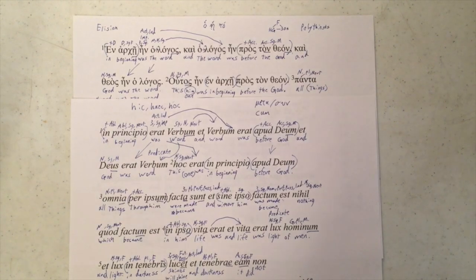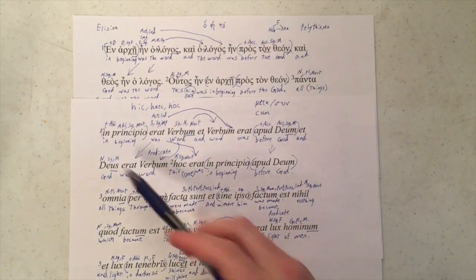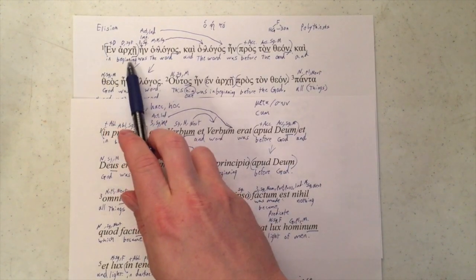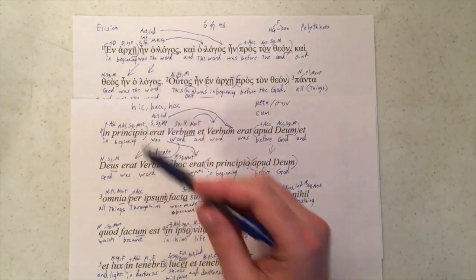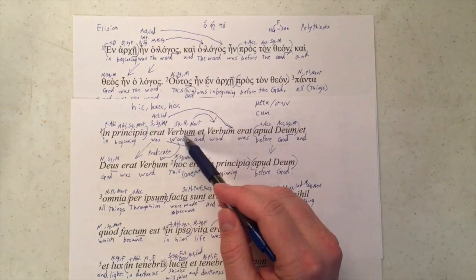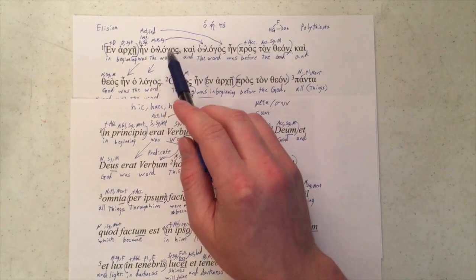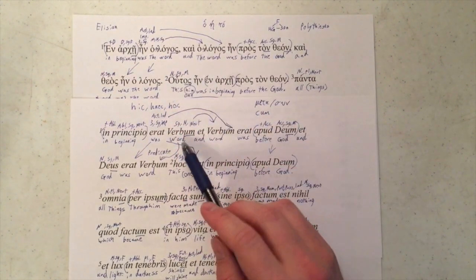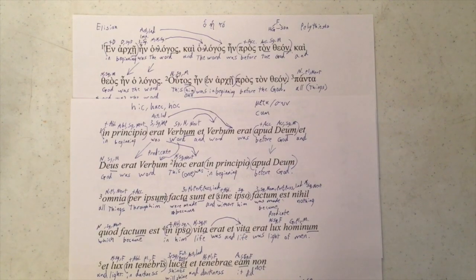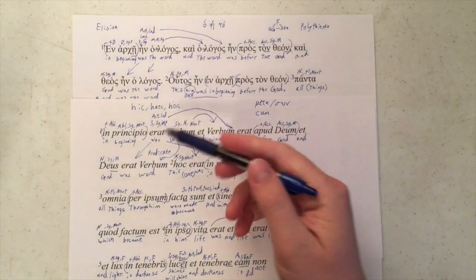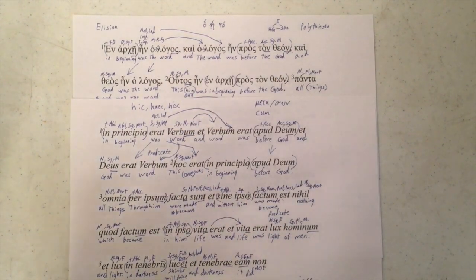Exact Latin cognates of their Greek counterparts. And they even say the same thing. In beginning. In beginning. We've got the same tense of the verb here. The subject, Greek word for word, Latin word for word. The only difference is that Latin uses a neuter word and Greek uses a masculine word. So there's not really a big difference right there that we should worry about.